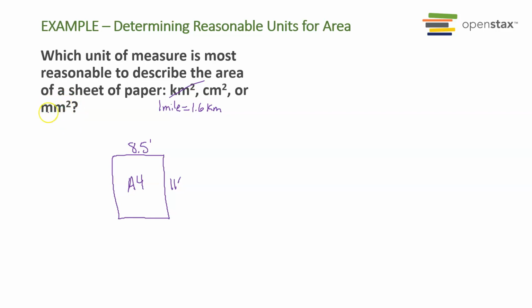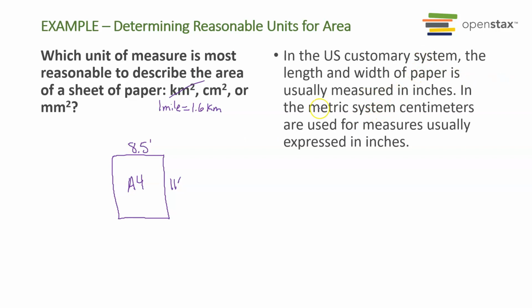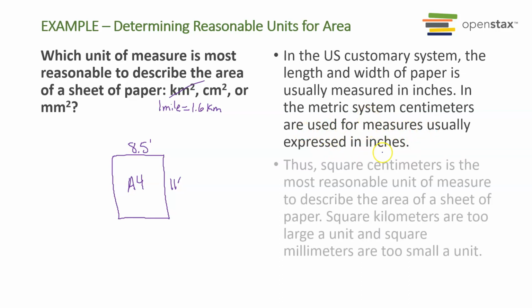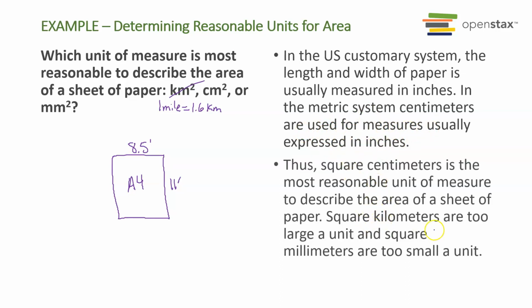And then millimeters, that is 1/10 of the size of a centimeter. So that might be a little too small. Because we're usually measuring in inches, and in the metric system centimeters are used for things usually expressed in inches, it would make more sense to go with centimeters squared.